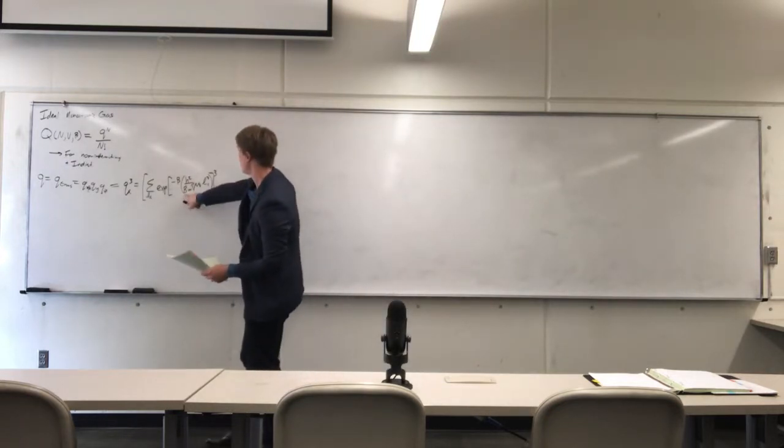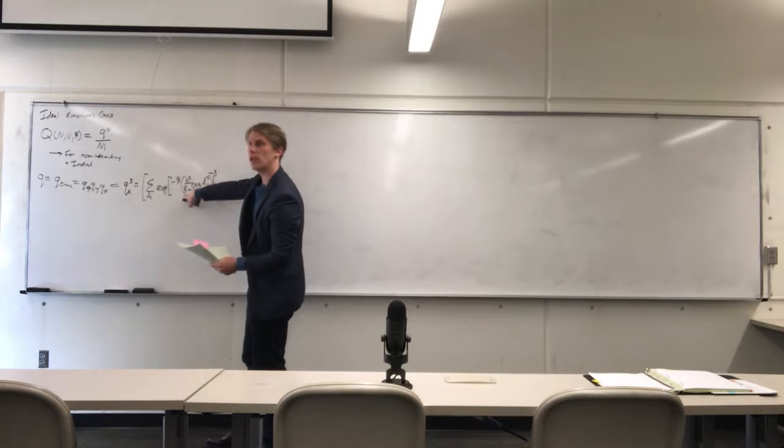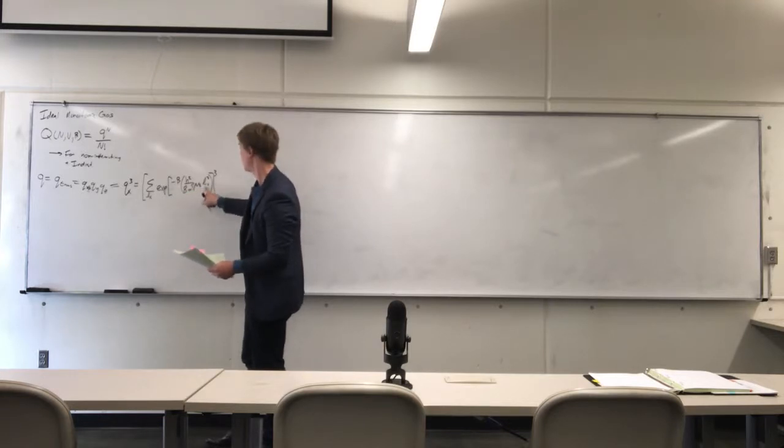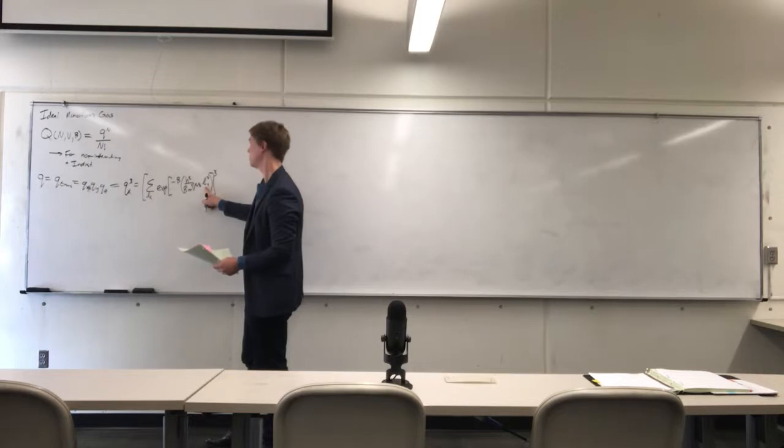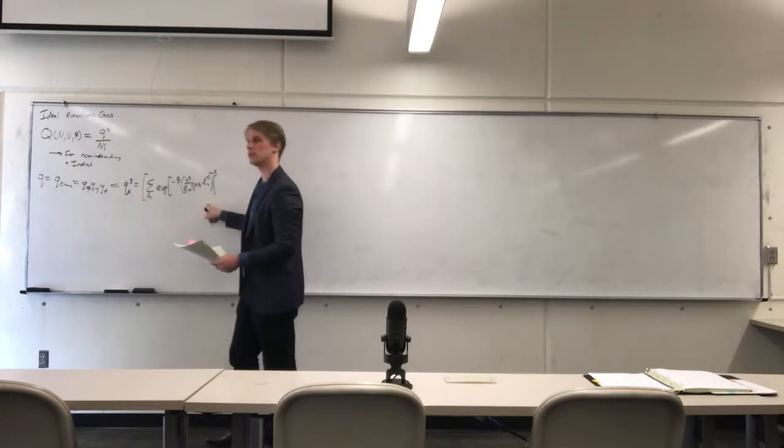In this contribution here, this is the energy of a particle in a box as a function of an integer quantum number. And we're summing up over all the possible states.